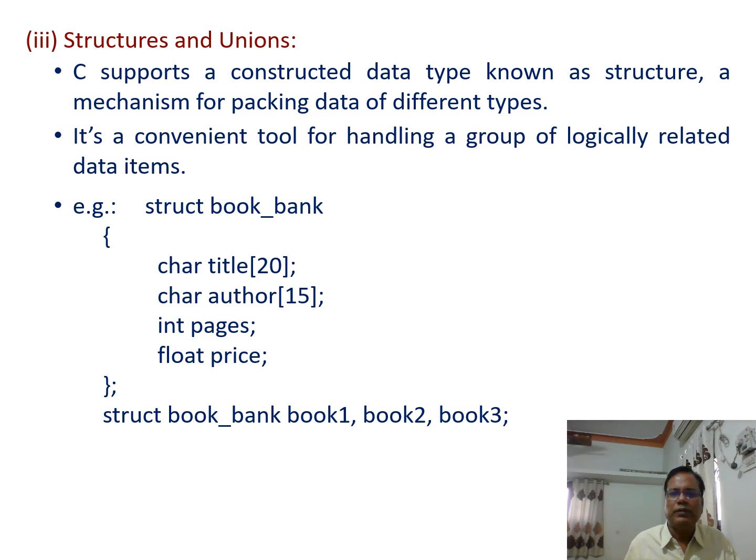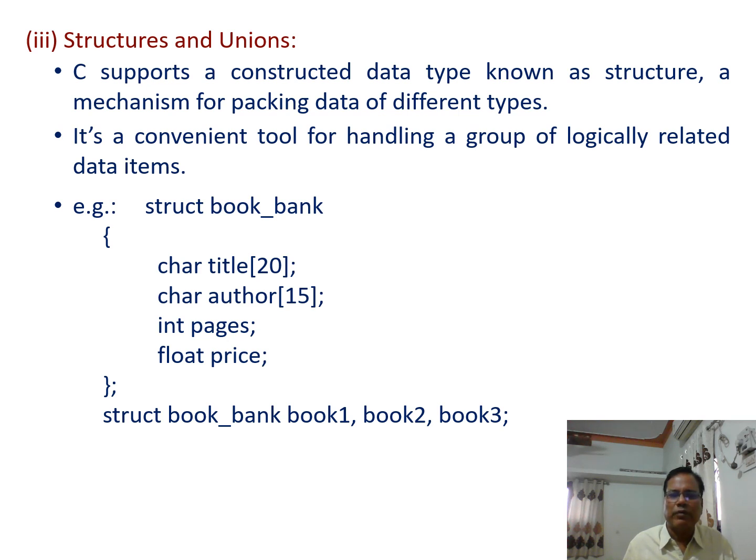For example, struct book_bank, within open and close braces that end with a semicolon: char title[20], so title is a character array of 20 characters; char author[15], used for the name of the author, which can have a maximum of 15 elements; int pages; float price.